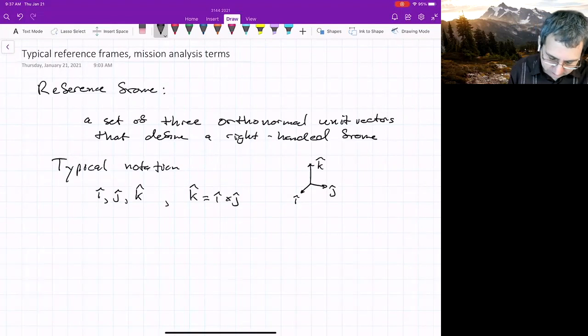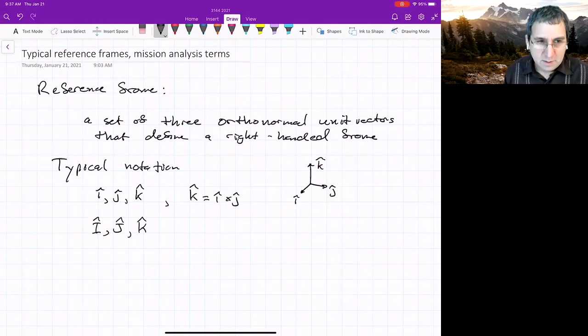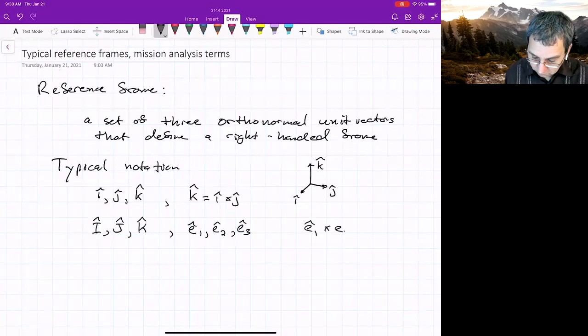Other notations would be capital IJK. Some other things that you might see, and we'll use them a lot in this book, is putting numbers, like E1, E2, and E3, where for this to be a right-handed coordinate system, E1 cross E2 equals E3.